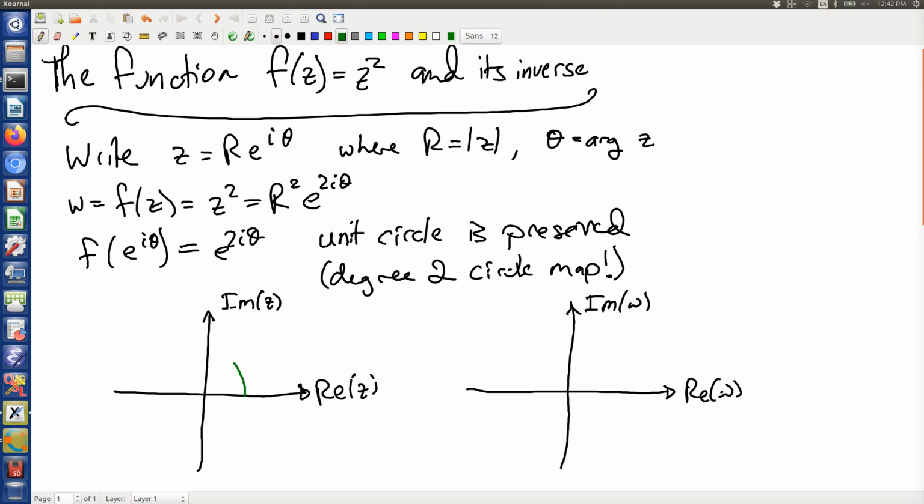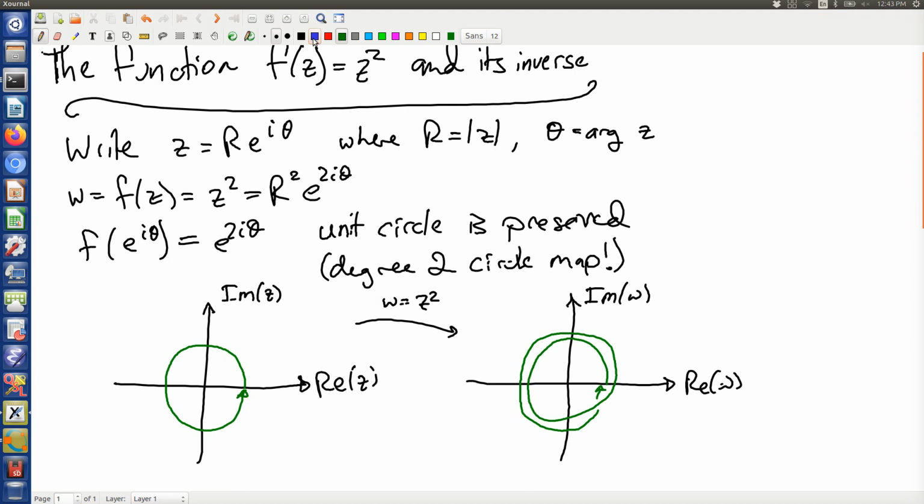If I take the unit circle, go around once, well, in fact, what happens when we map it by w equals z squared is that the unit circle still is the unit circle, but we go around a second time before coming back to where we started. I've separated the strands of the map a little bit so you can see that they're both there, but they really lie on top of each other. And in fact, every point except for the origin has this happen.